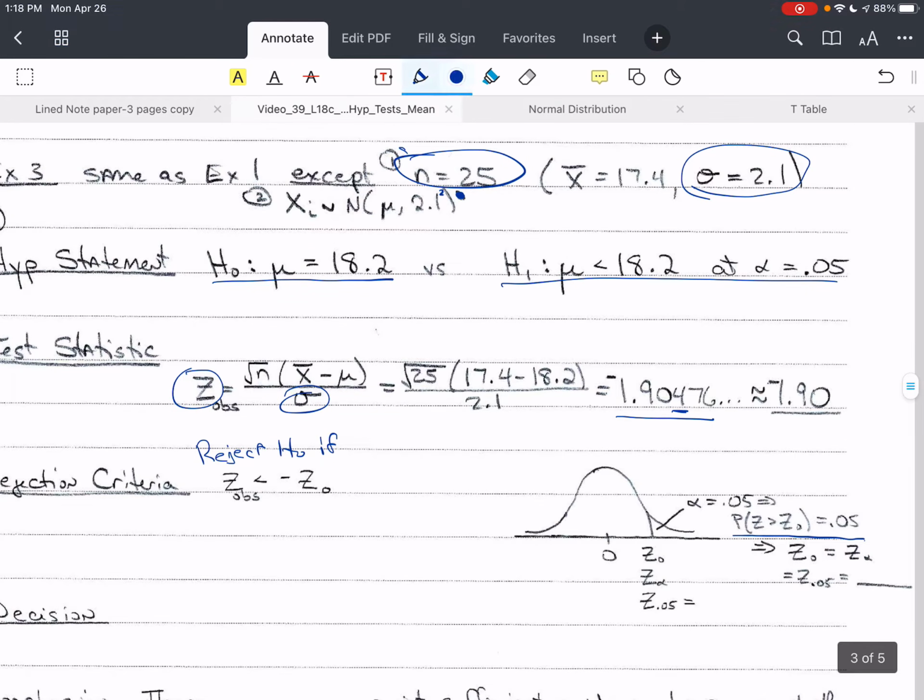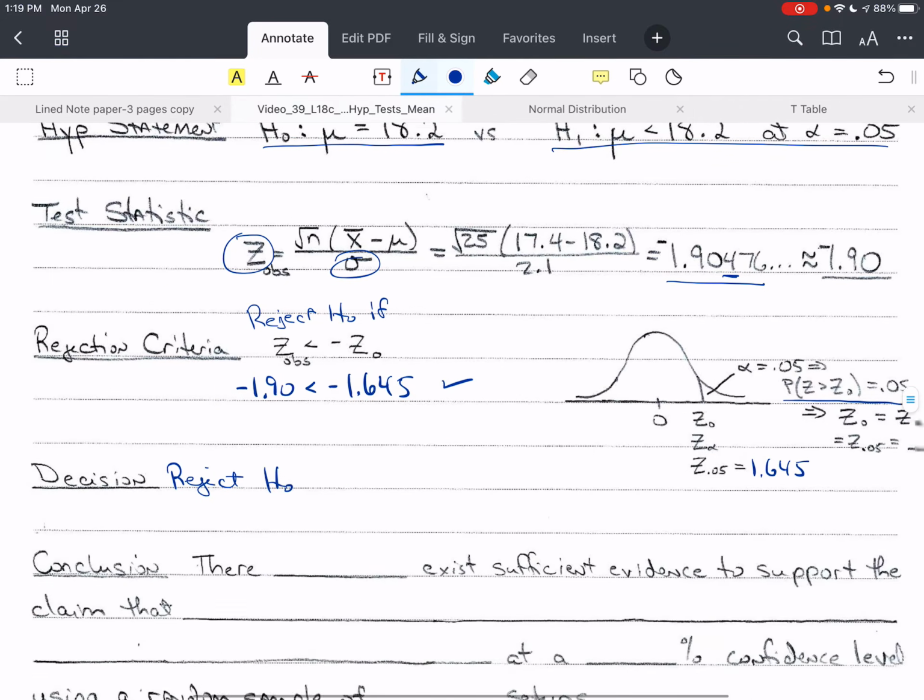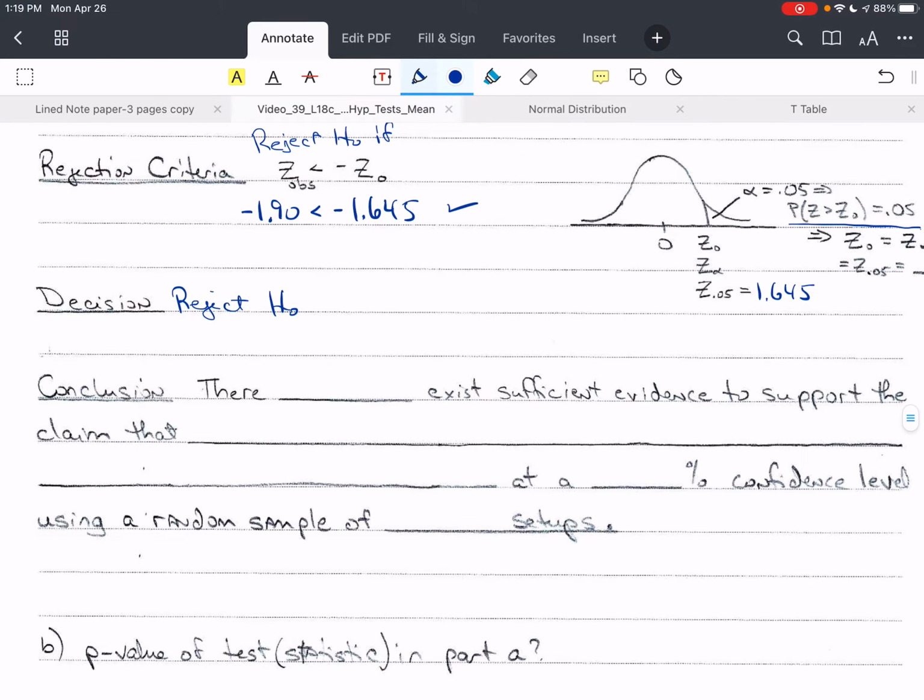So z naught is 1.645. We plug that in: is z observed, negative 1.90, less than negative 1.645? This is a true statement. Therefore, we do reject H naught. If it's true, we reject; if it's not true, we do not reject.